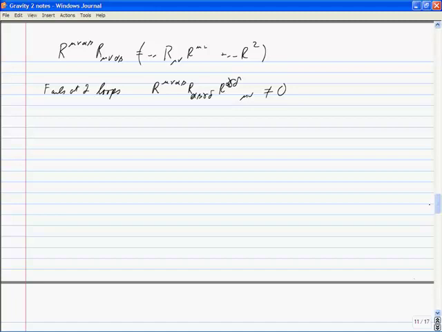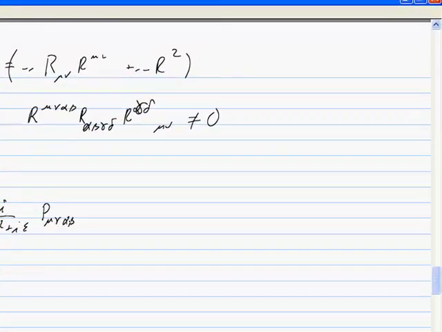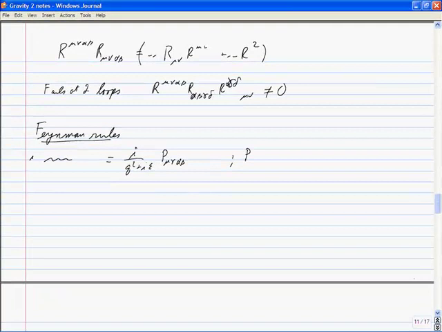Okay. So if I've quantized it, I can then write out Feynman rules. The usual things that you do is you write the propagator. The propagator goes like i over q squared plus i epsilon times some P mu nu alpha beta, this polarization factor, with mu nu here and alpha beta coming out there.